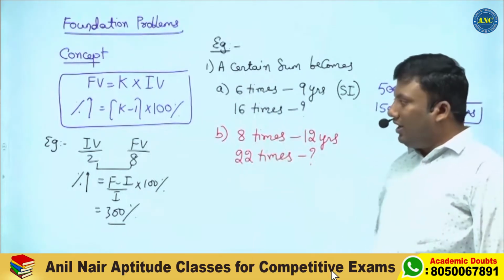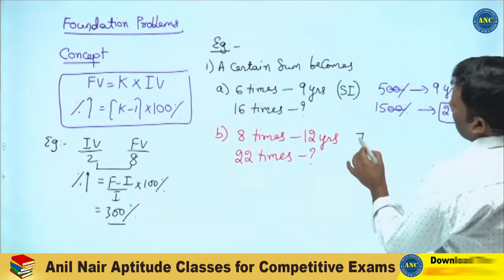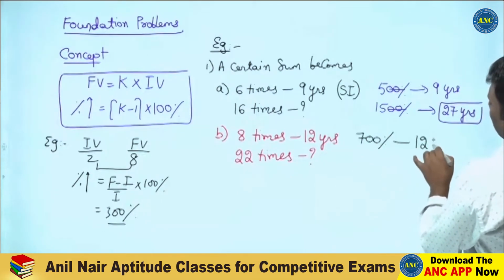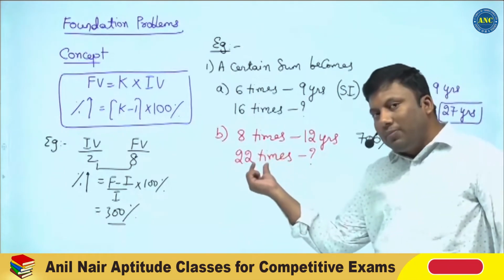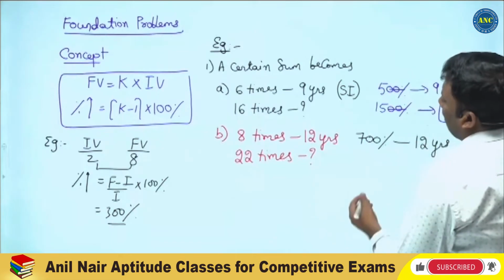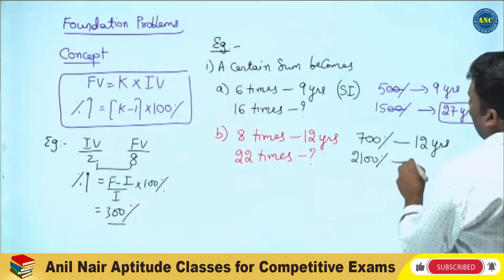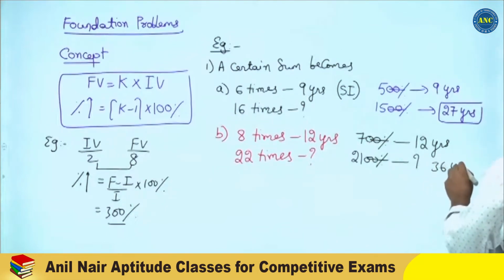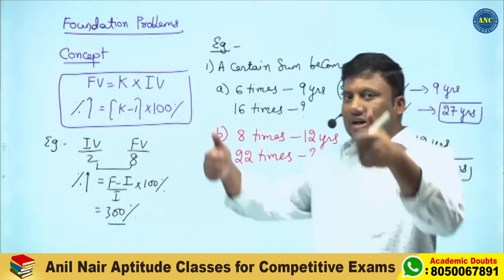Final value is 8 times the initial value, so percentage increase will be 700 percentage in 12 years. To become 22 times, it will be 2100 percentage. How many years? Answer is 12 threes are 36.